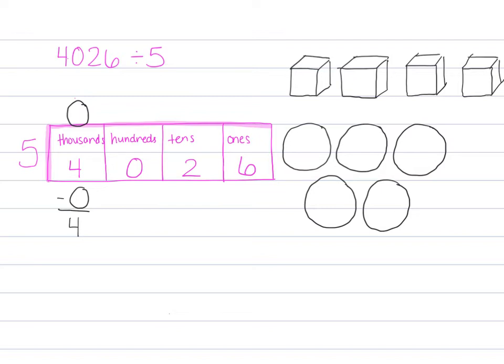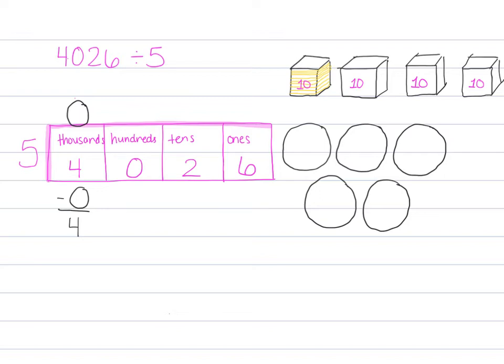Okay, here's my question. How many hundreds are in 1,000? Well, if we stacked up 10 hundreds, that would make 1,000. So we know that there are 10 hundreds in this thousands, 10 hundreds in this thousands, and 10 hundreds in this thousands.